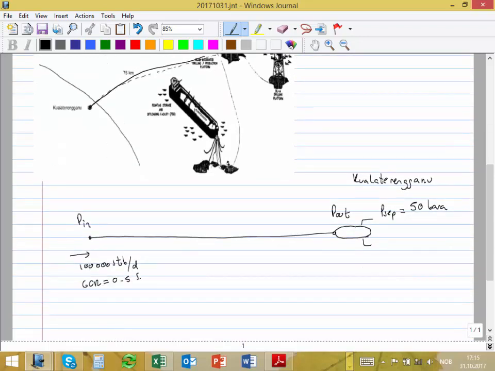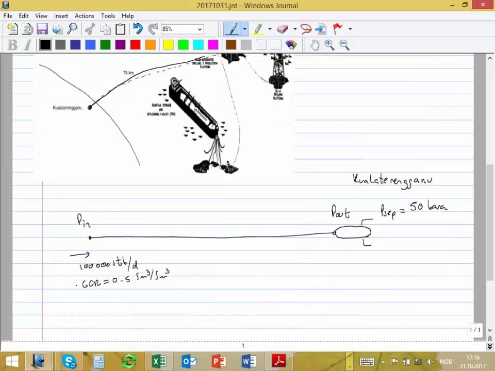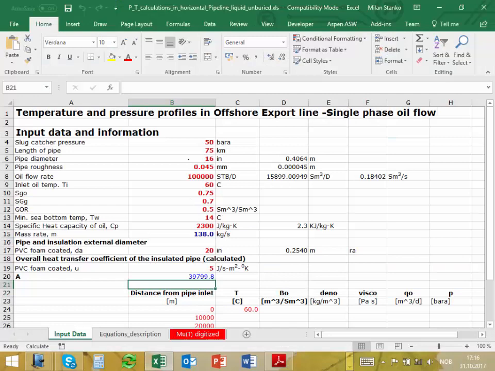So it's 0.5 standard cubic meter per standard cubic meter. The GOR is here, 0.5, and the temperature is 60 degrees Celsius. This is 75 kilometers, and I want to calculate that pressure. Okay, the pipe is, I think, 16 inch.